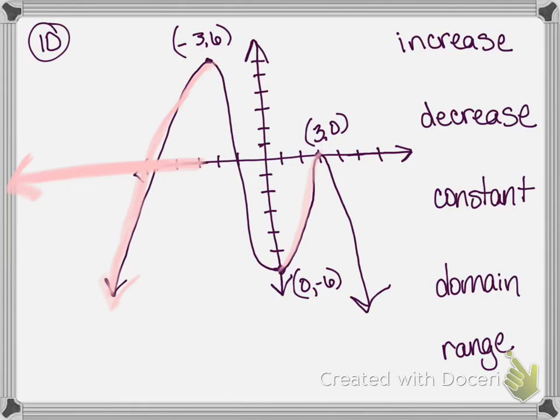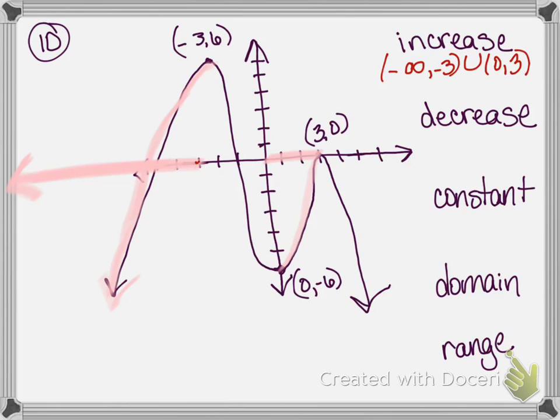So that is going to be negative infinity to this x value right here, which is -3. Okay, so that is increasing. Then my next one starts at 0 and goes to +3. So my other increasing is 0 to 3.